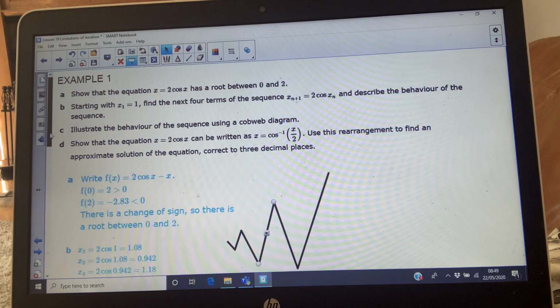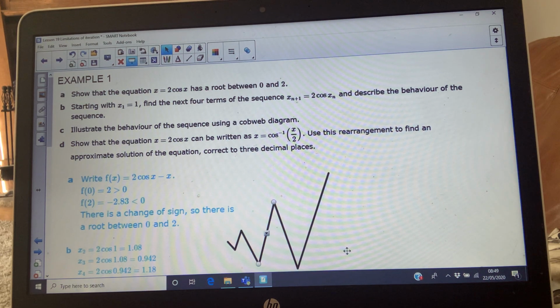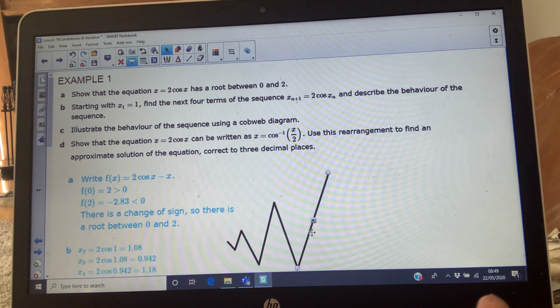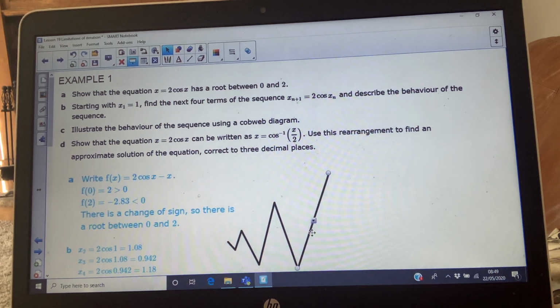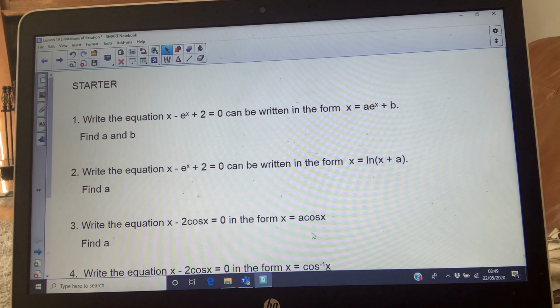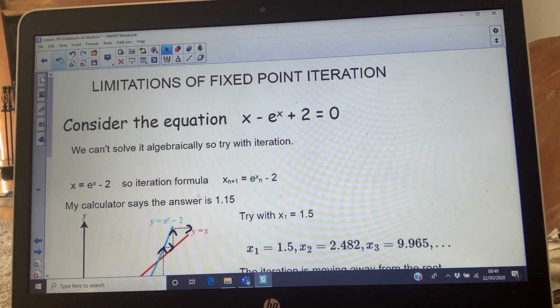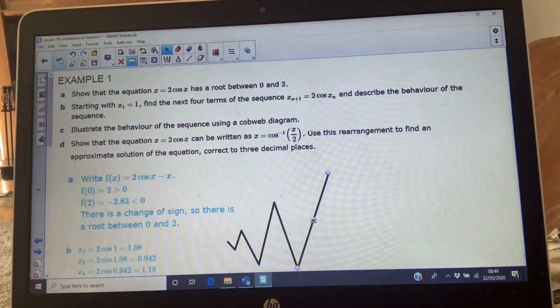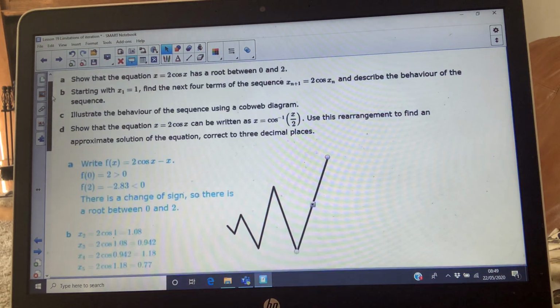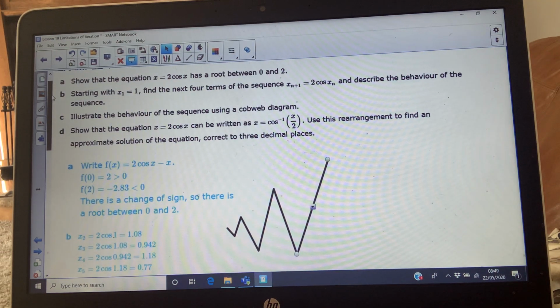So let's now look at part C. Illustrate the behaviour of the sequence using a cobweb diagram. What you might want to do here is have the question in front of you, as you're going to have to do a little sketch.